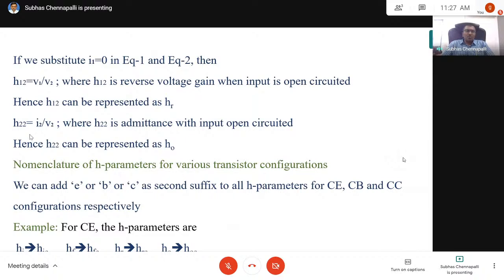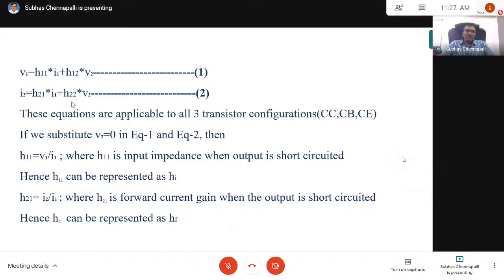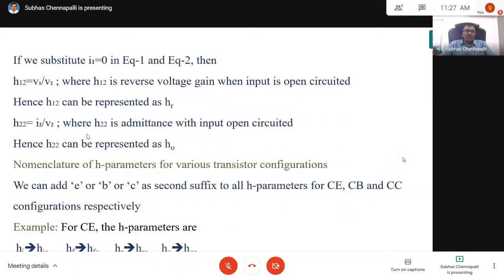Then H22 in the equation is I2 by V2 when I1 is 0, means input is open circuit. It is current by voltage. If the input is impedance, the output is admittance. So H22 is the admittance with input open circuit.